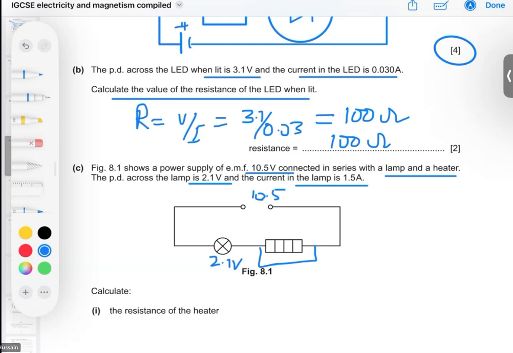Yes. Right. And the current in the lamp is 1.5 amperes, so here also it's 1.5 amperes, right?